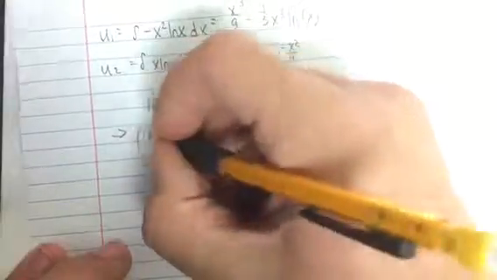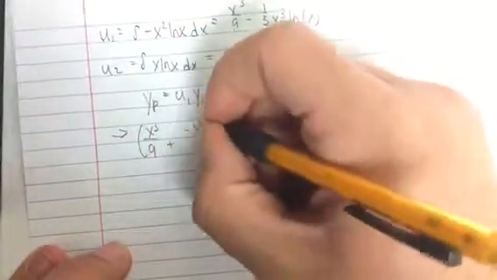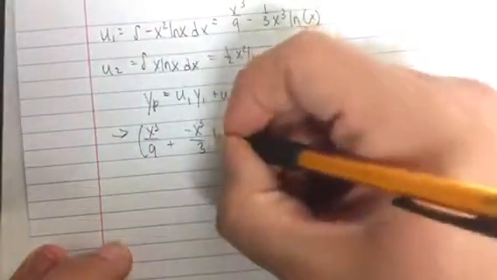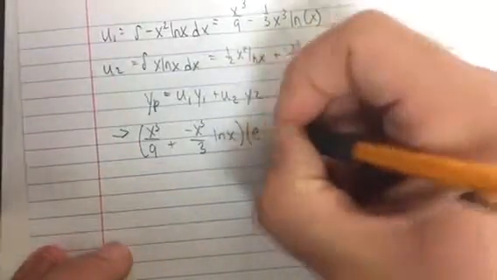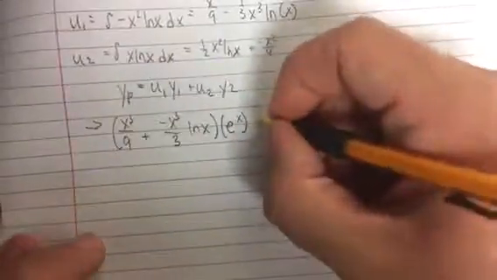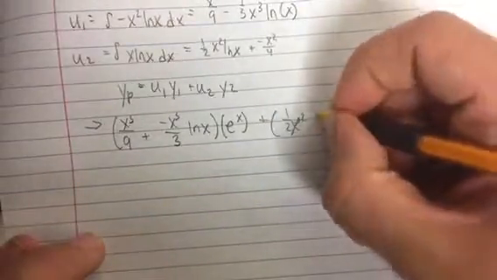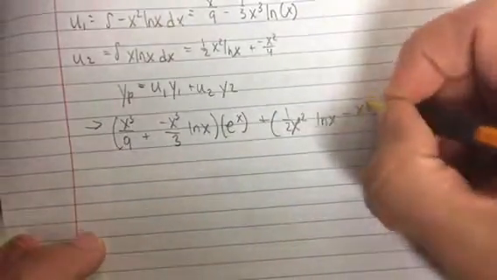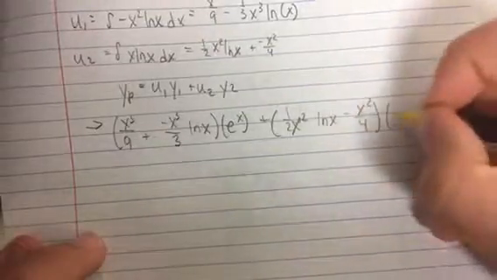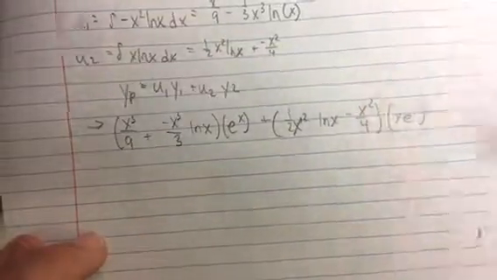So now when we plug in, we're going to get x cubed over 9 plus negative x cubed over 3 natural log of x, multiplied by our y1, which was e to the x, plus 1/2 x squared natural log of x minus x squared over 4, times our y2, which was x e to the x.